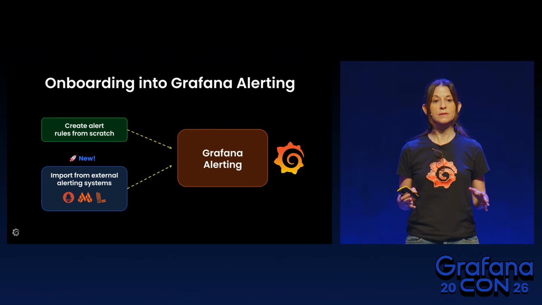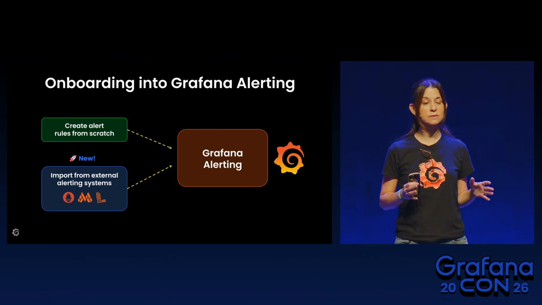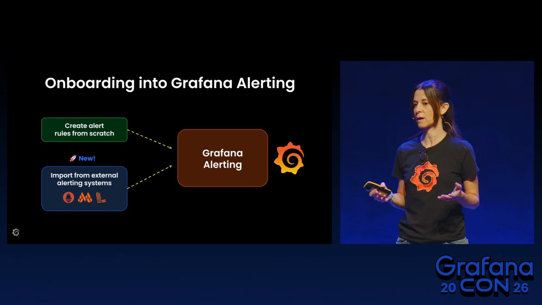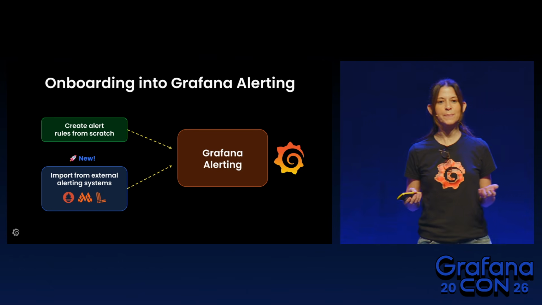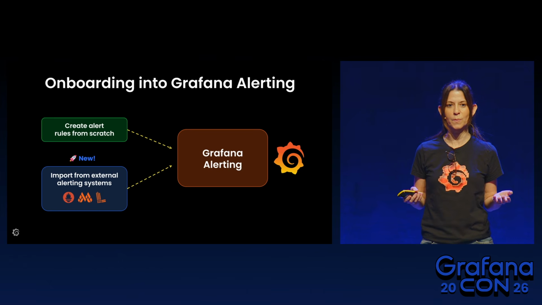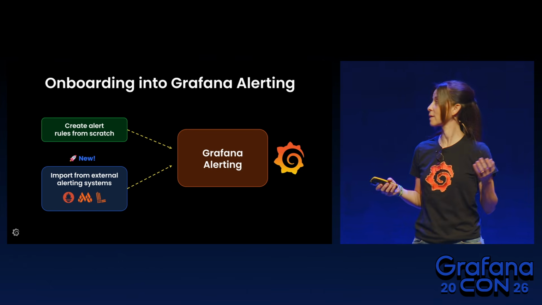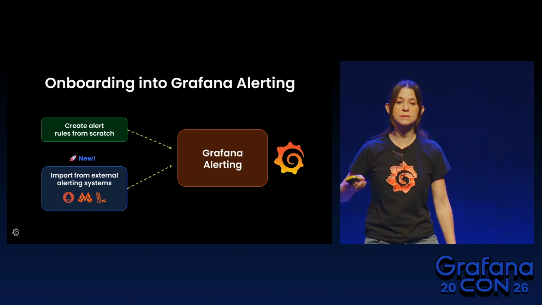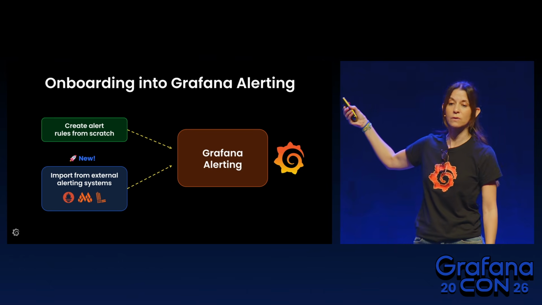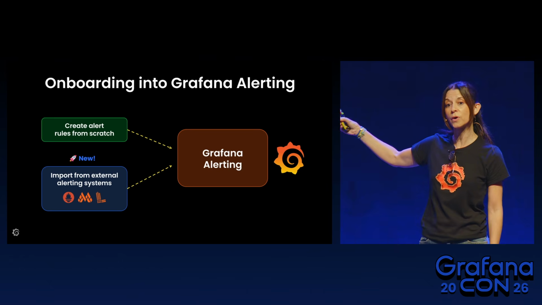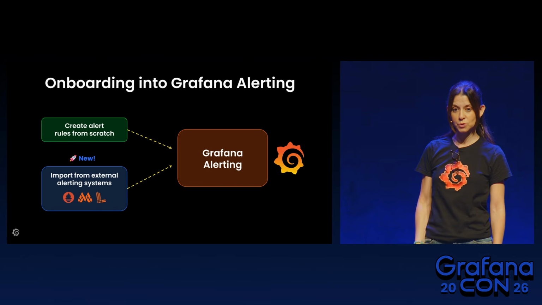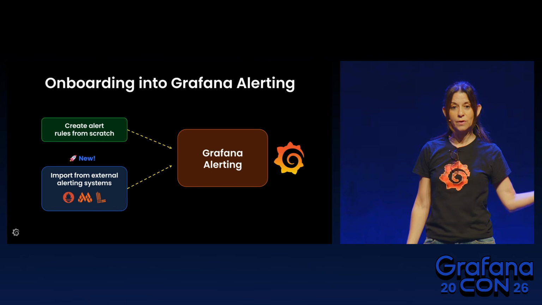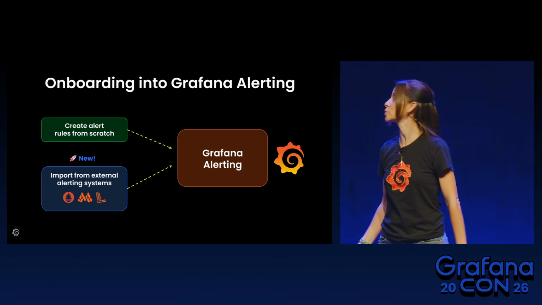One is creating alert rules from scratch, and for this you can use the UI, or you can use provisioning, file provisioning, API provisioning, or Terraform. Or if you are already running your alerting system in Prometheus, Mimir, or Loki, and you want to onboard into Grafana Alerting, we have built an import tool that lets you bring your alerting system directly into Grafana.